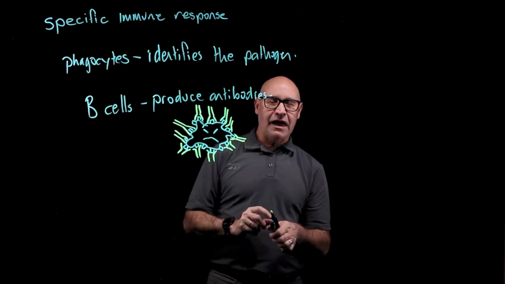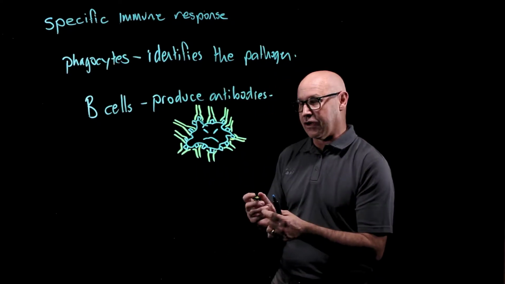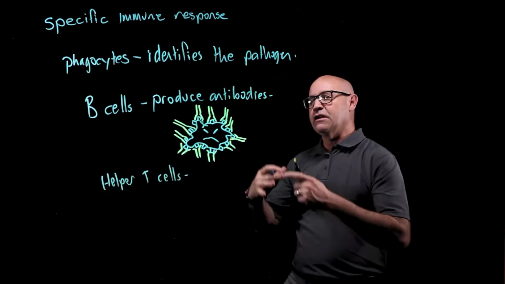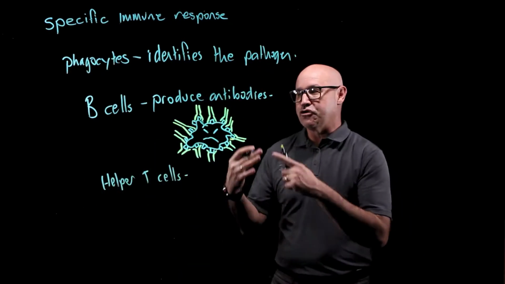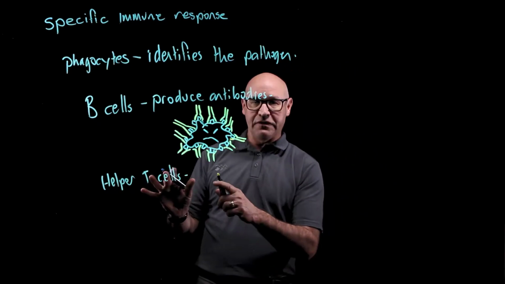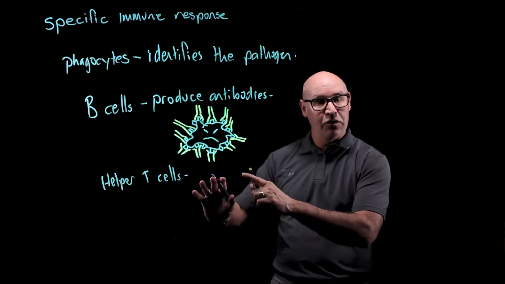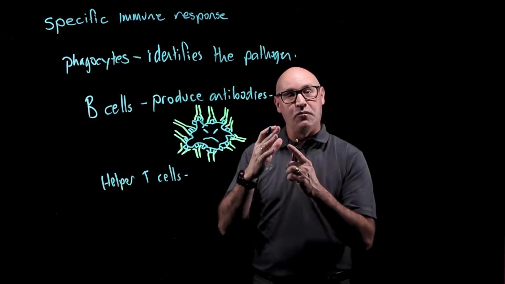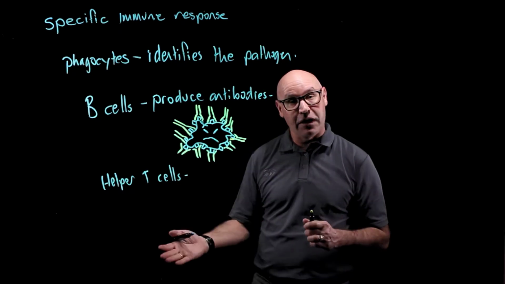Now, they are helped out by a very helpful cell called a helper T cell. Helper T cells support this process of producing antibodies. Now, interestingly, helper T cells are the type of cell that are damaged and die, or are affected, by the HIV virus.